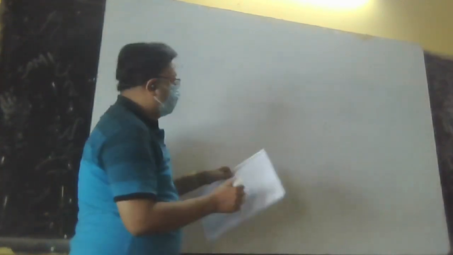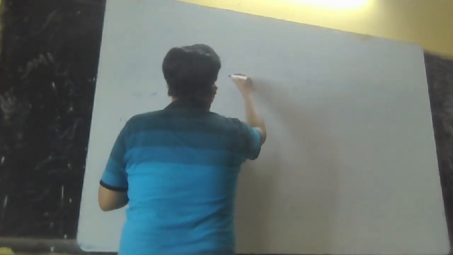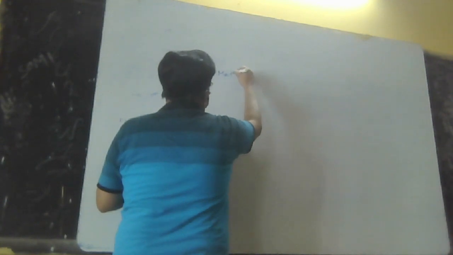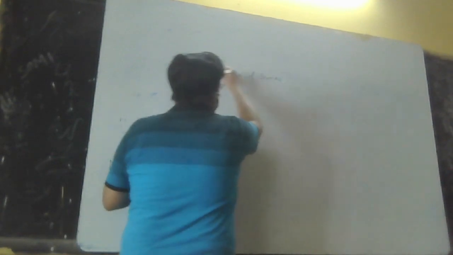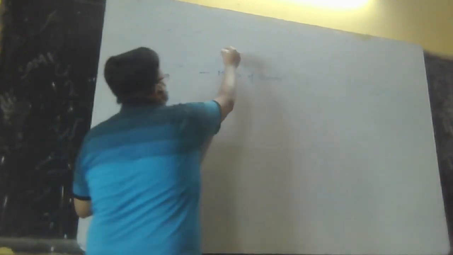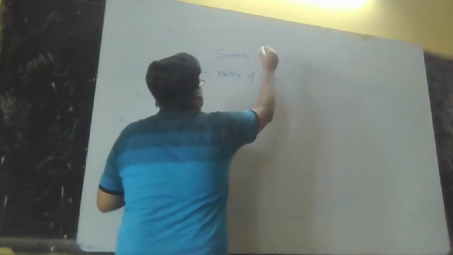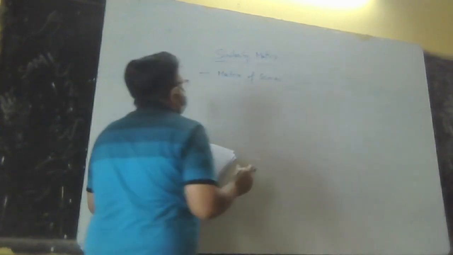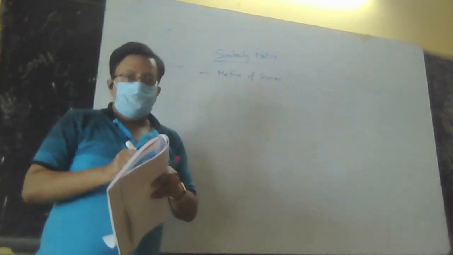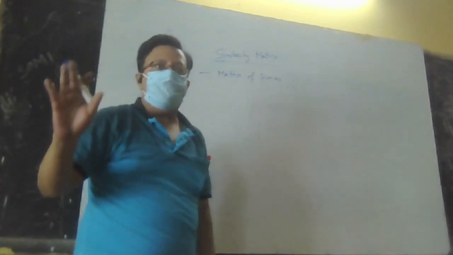So a similarity matrix is a matrix of scores. This is the first thing. Some scores are given, organized 1, 2, 3, 4, 5, 6, 7 in some manner.